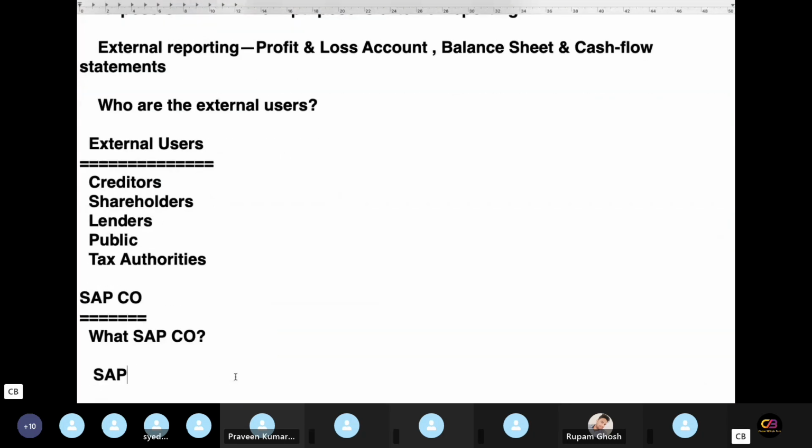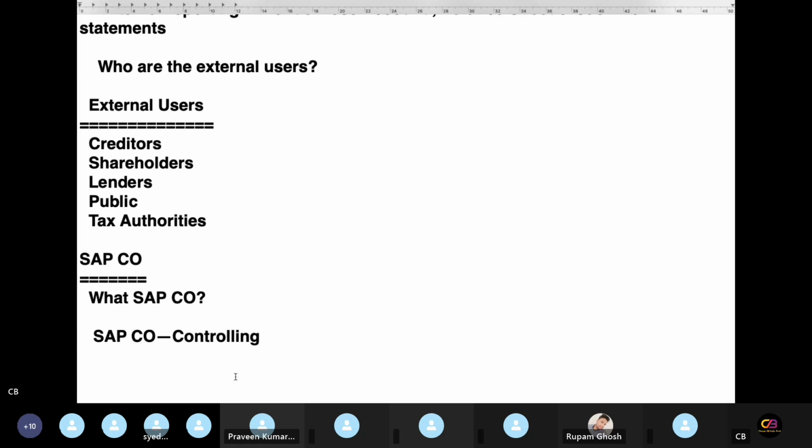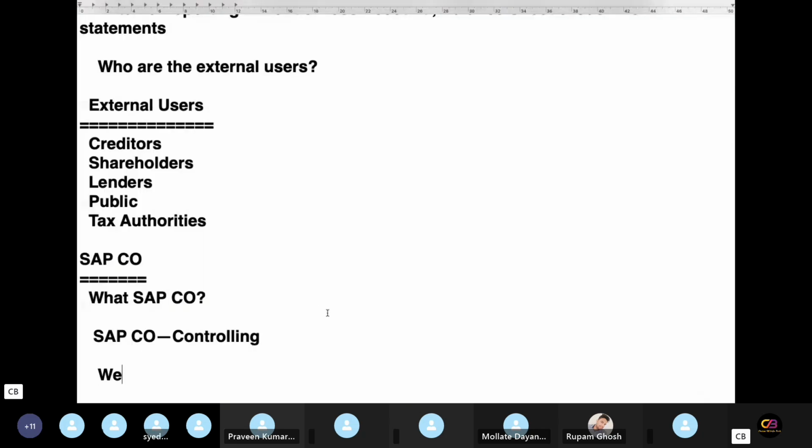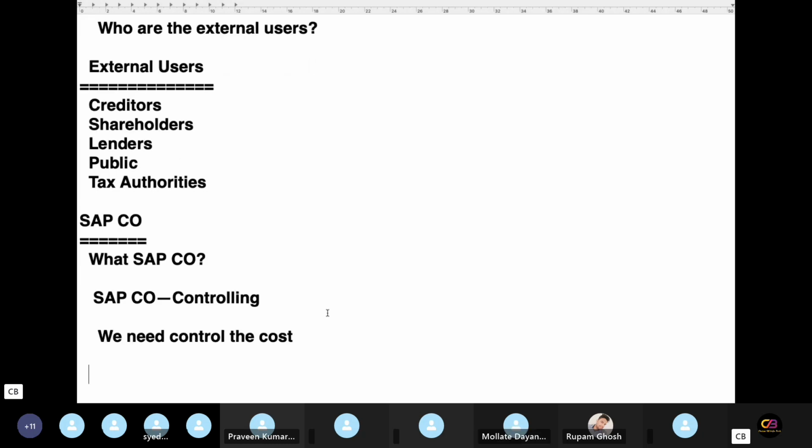Okay. SAP CO is controlling, right? SAP FI focuses on finance. CO is controlling. What do we need to control? We need to control the cost. The company always focuses on how to reduce the cost.